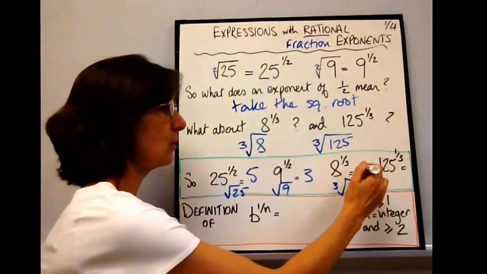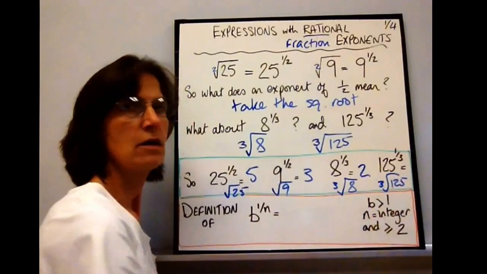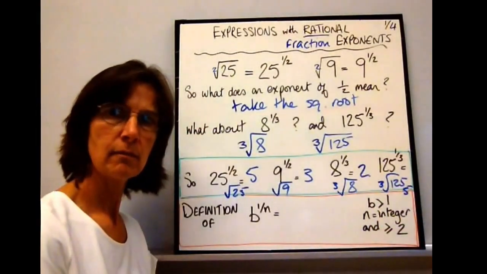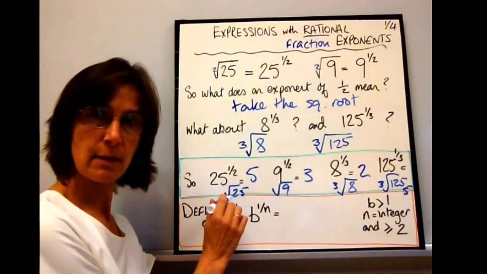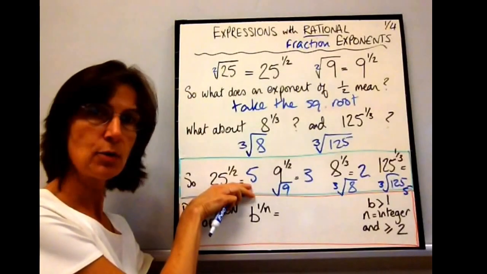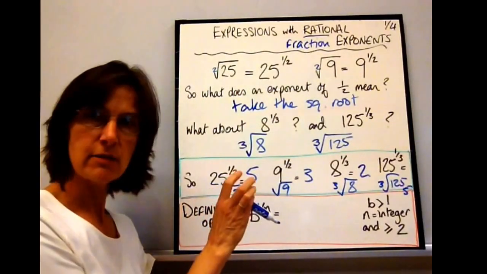And that is 2. And lastly, what is the cube root of 125? 5. Now you don't have to write out this middle step, I'm just showing you what it is. So next time, 25 to the 1/2 power, I know that means take the square root, and I know the answer is 5.